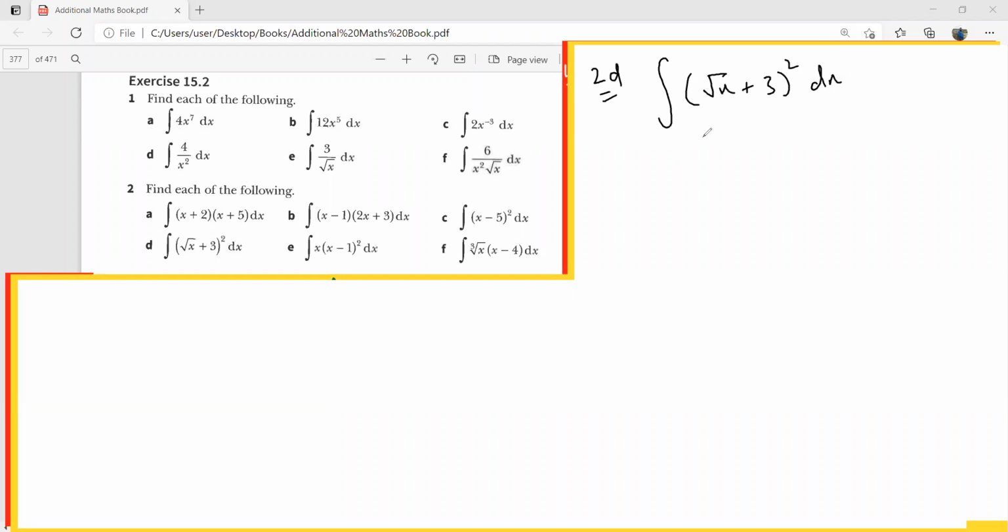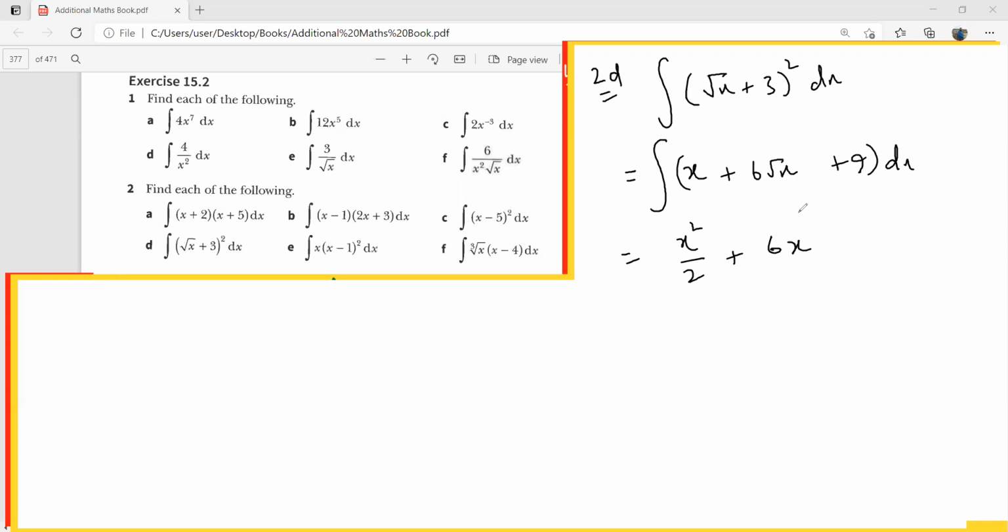Again, guys, you have to simplify this. No powers in the brackets allowed in integration, okay? Especially in the first technique here. So when I expand this square, this is going to be x plus 6 under root x plus 9. Now I will write this as x square over 2 plus 6, and this is basically x raised to power half.